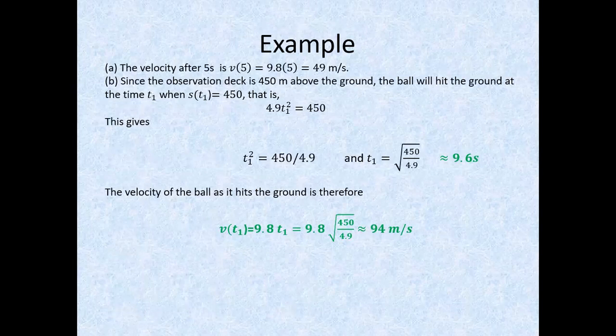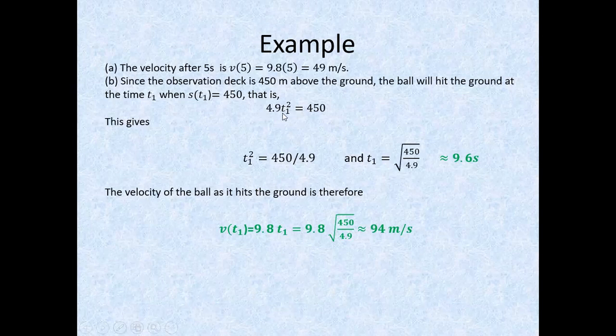That is given as 4.9 t1 squared equals 450. Since 4.9 is multiplying t1 squared, if we take this value to the other side, we have t1 squared equals 450 over 4.9.